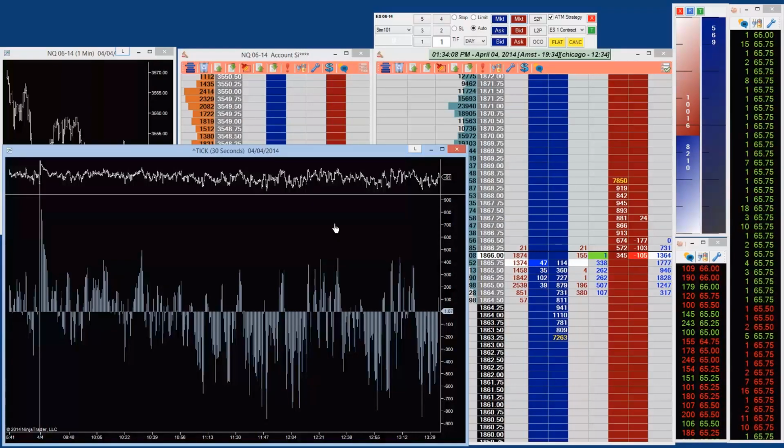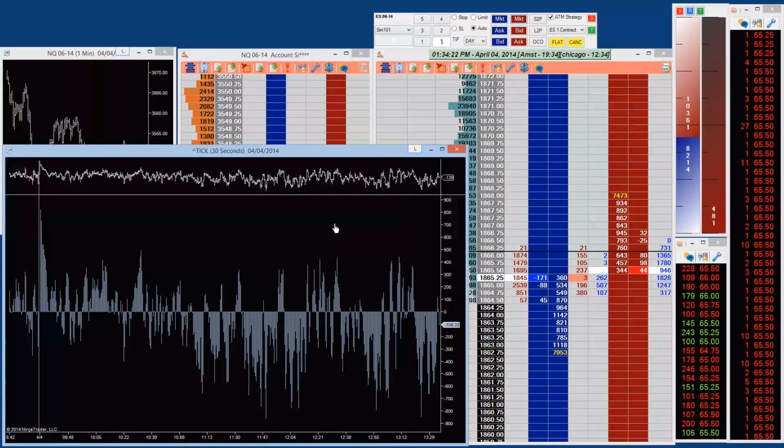But I don't use that. My observation is that the NYSE tick is actually better at measuring the overall direction of the market, and it's like an ocean liner: it takes time to turn around, and the market tends to turn around with it. If you look at the S&P 500 tick, it's a lot more volatile, and it tends to turn up and down with every minor move.